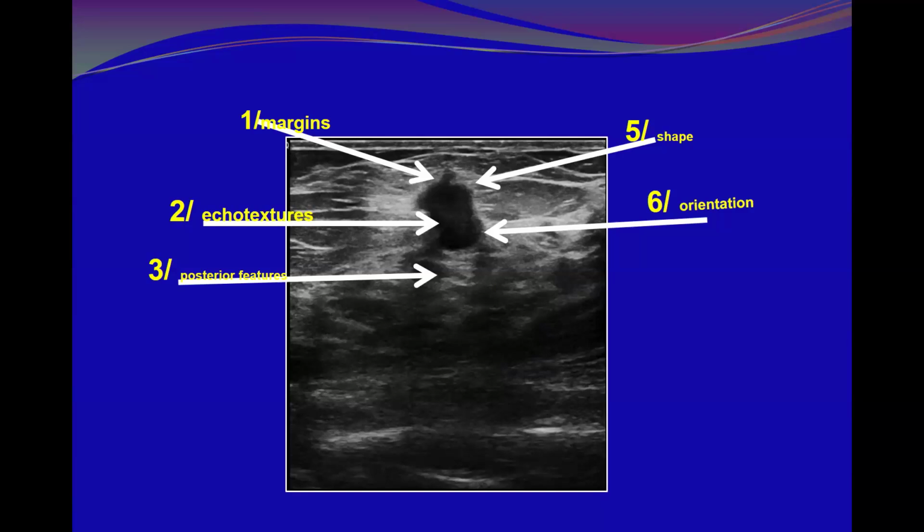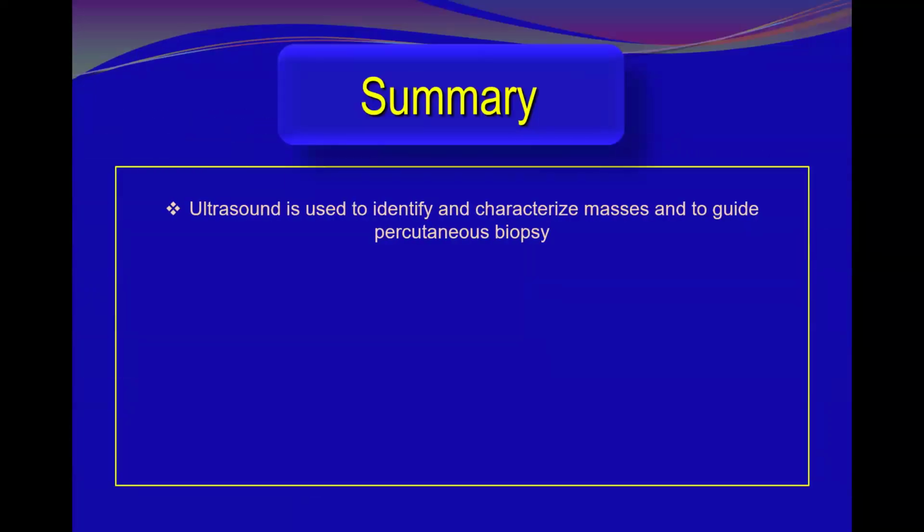Margin: non-circumscribed, indistinct and angular. Echotexture: deeply hypoechoic. Excellent. Posterior feature: mixed, combined enhancement and posterior shadowing. I didn't see obvious shadowing, but I can see the posterior enhancement.